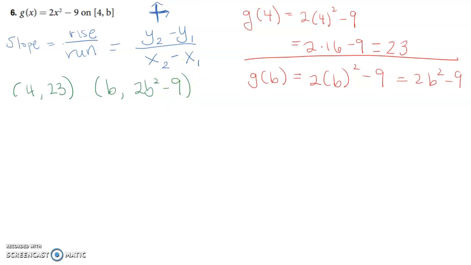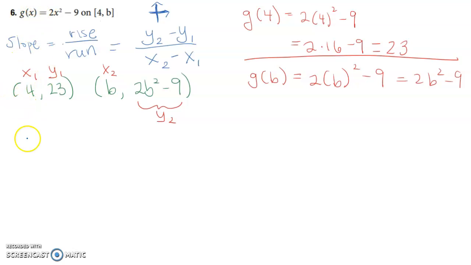The reason I write it in this format is that now we can identify this is our first x, and this is our first y. This is our second x, and this entire part is our second y. So now all we have to do is plug into these accordingly to find the slope, which is the average rate of change.